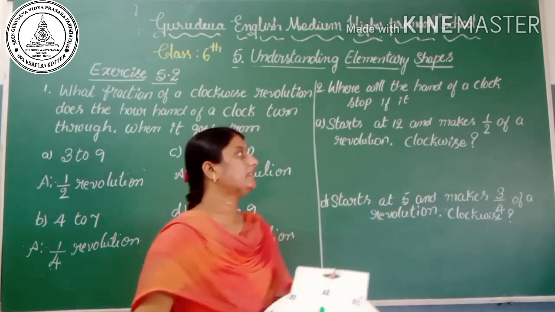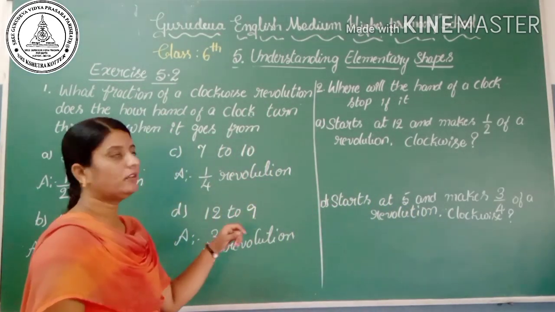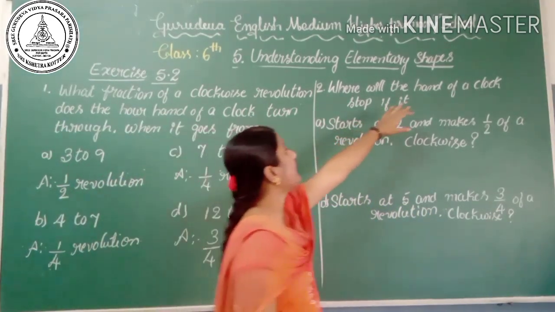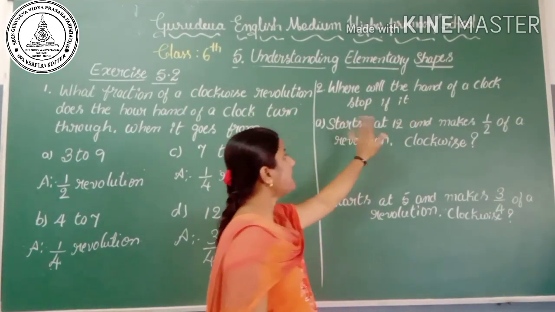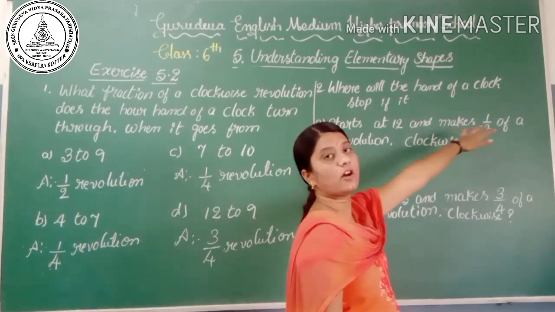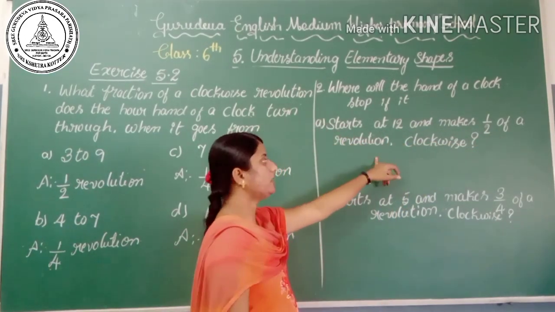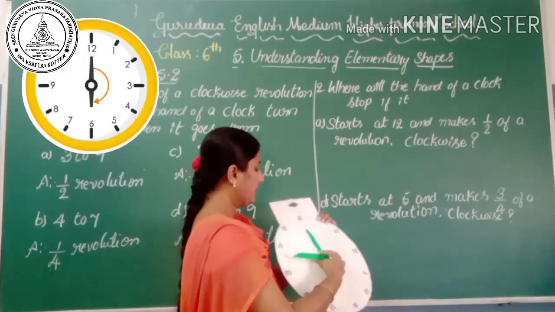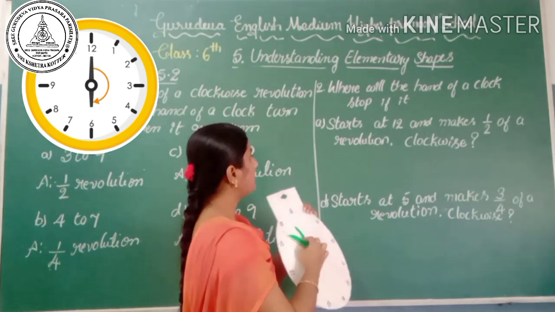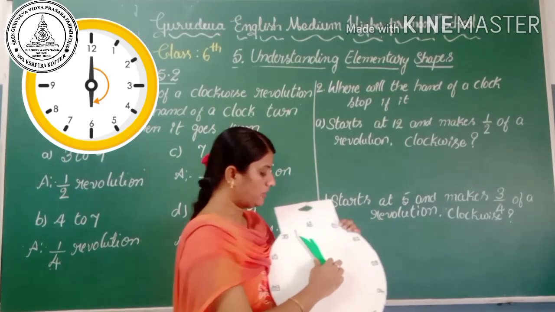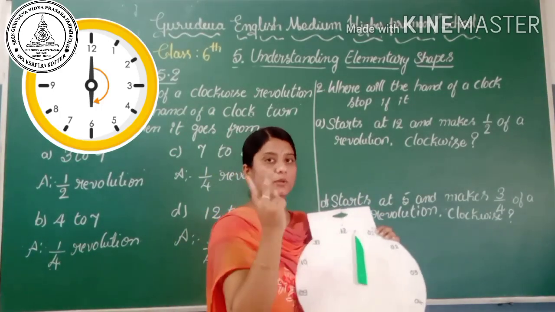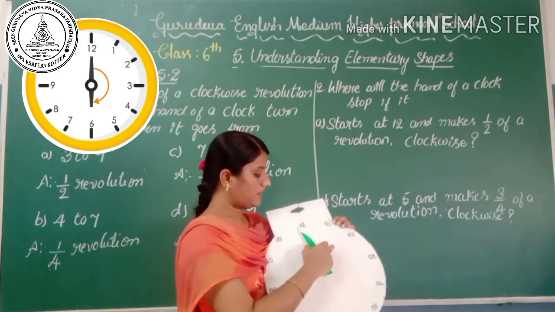Okay? Yes. Then let's go to the second question. Where will the hand of a clock stop if it starts at 12 and makes half of a revolution clockwise? Half of the revolution means it has to complete 2 right angle turns.